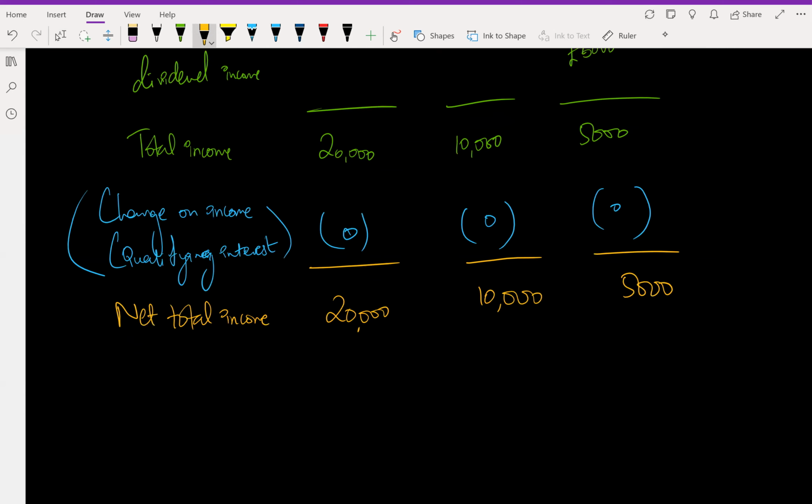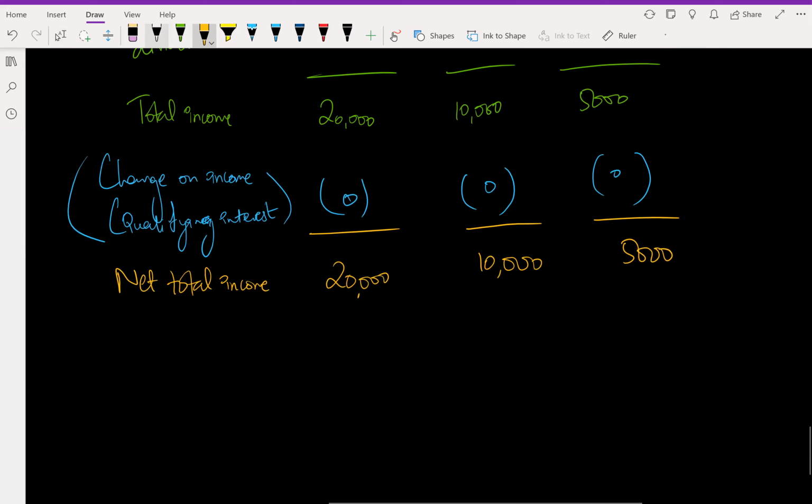Next step, you deduct an amount which is called personal allowance. Now, what is this personal allowance?